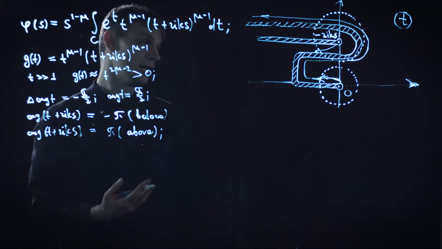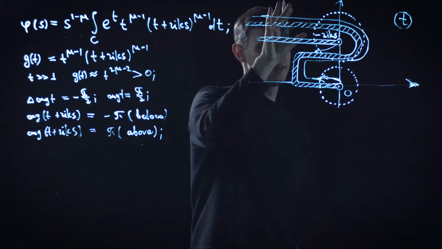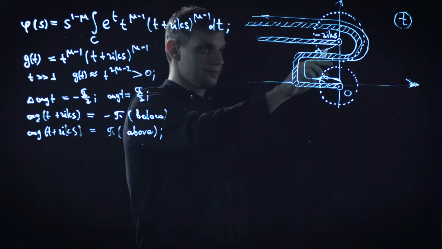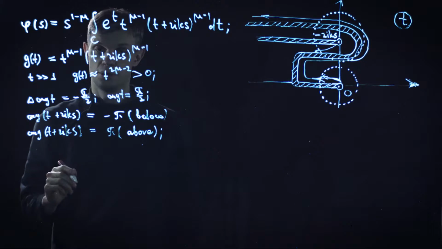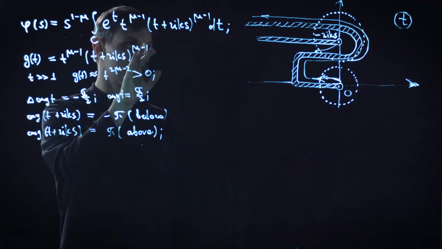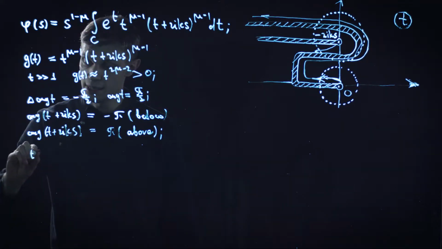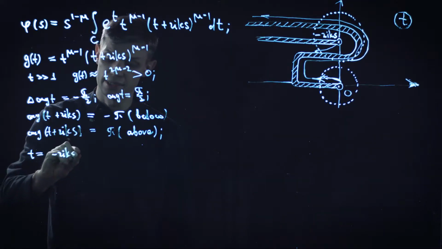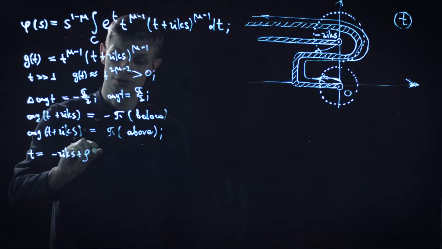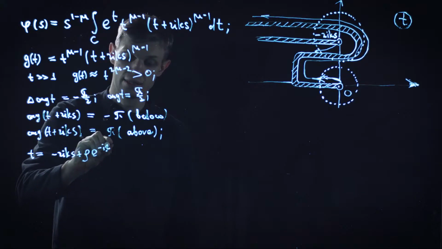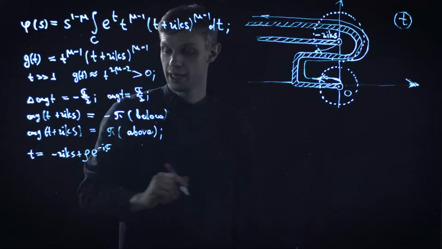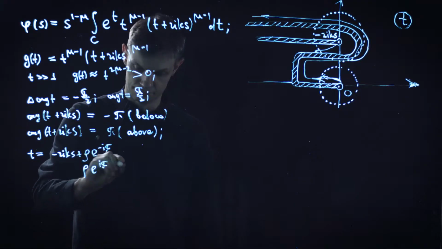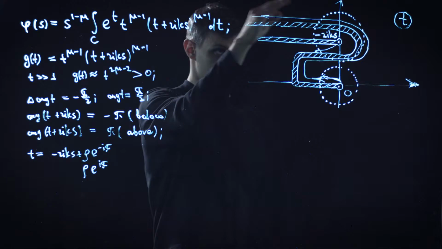Now we have an idea how to compute the contribution for the second branch point. So we just expand again these two functions. Now t is parameterized as minus 2iKs plus rho times e to the minus i pi below, and plus i pi above the branch cut.